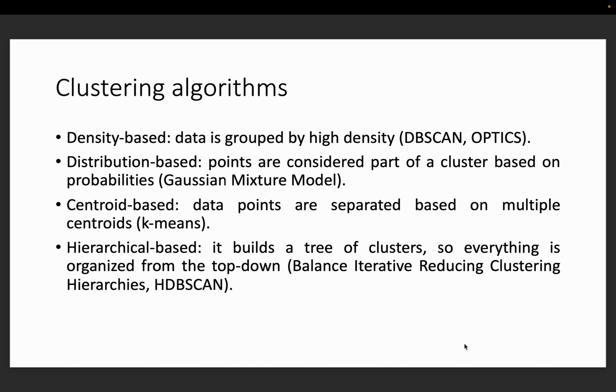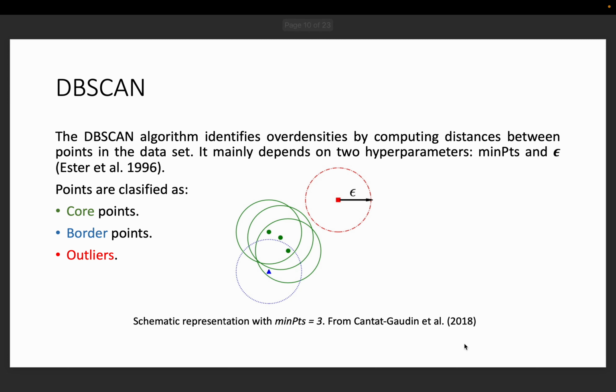Centroid-based like K-means, and many others like hierarchical-based, like HDBSCAN and BIRCH, the balanced iterative reducing and clustering using hierarchies. We use DBSCAN, so how is this algorithm helpful for finding clusters of stars?